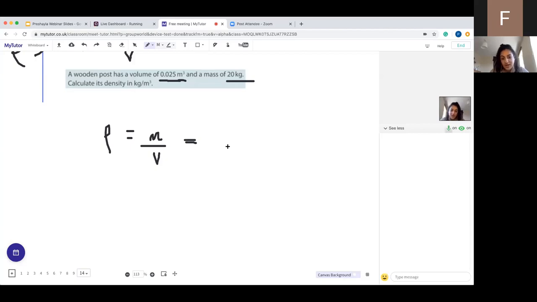So we're lucky in this question in the sense that they've given us the units. So density equals mass divided by volume. Mass is 20. Volume is 0.025. So if we do 20 divided by 0.025, we get 800.